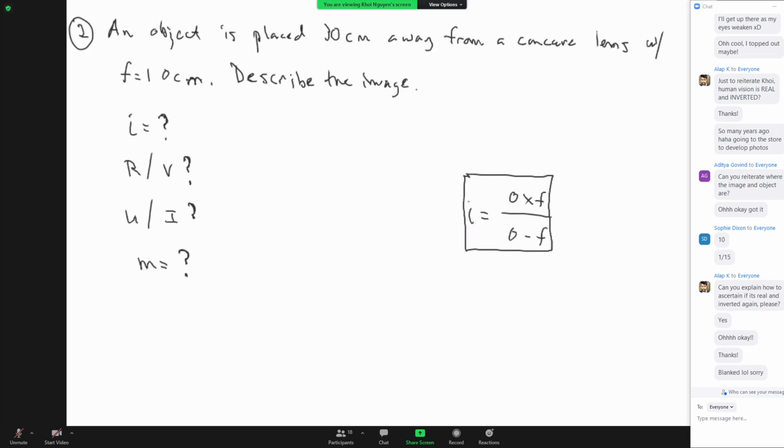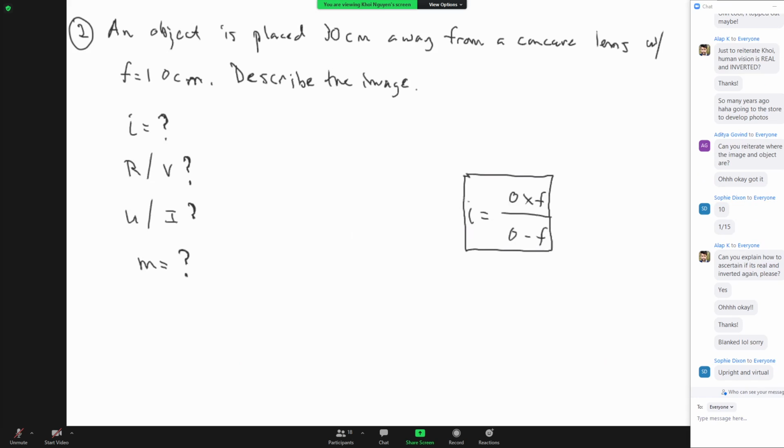All right, I think that's enough time. So what happens to the focal length when we have a diverging device? Is it positive or negative? It's upright and virtual, that's for sure, because this is a diverging device, right? Diverging devices always give you upright and virtual images.